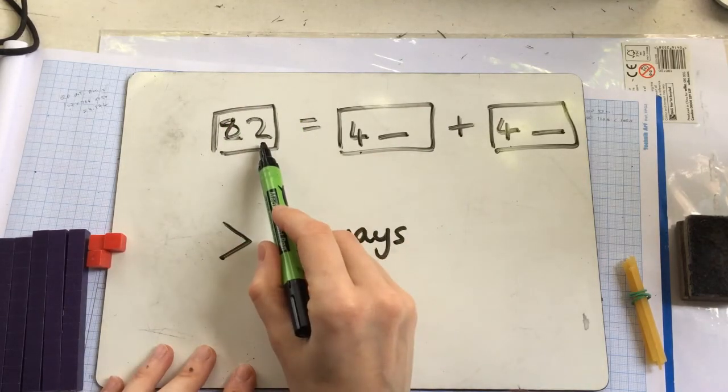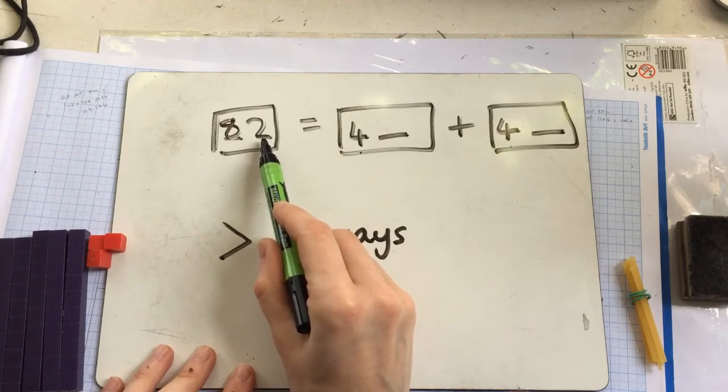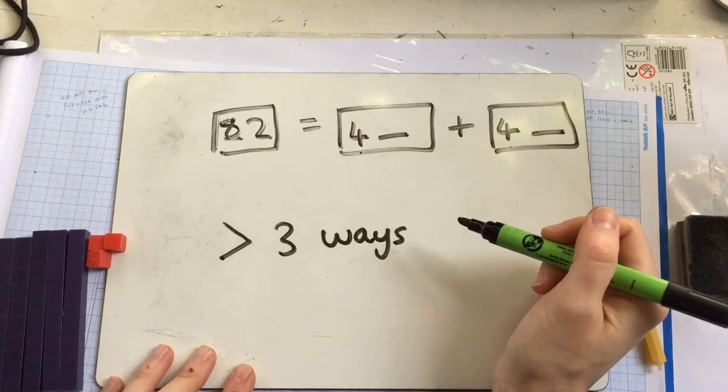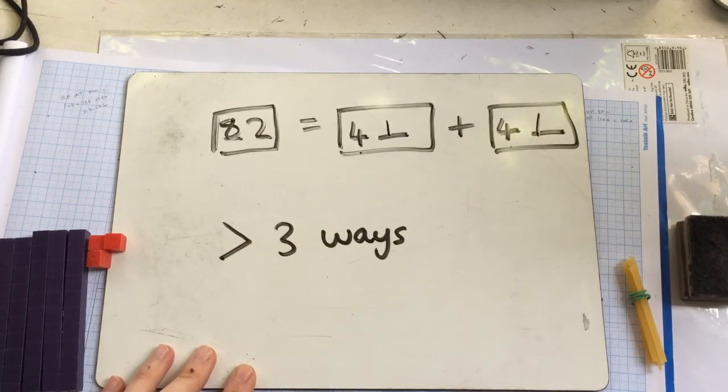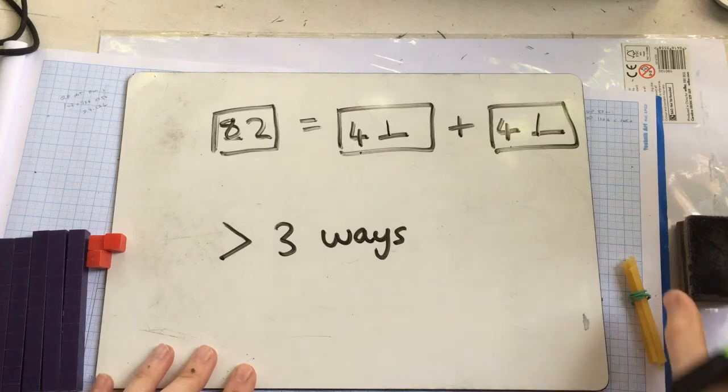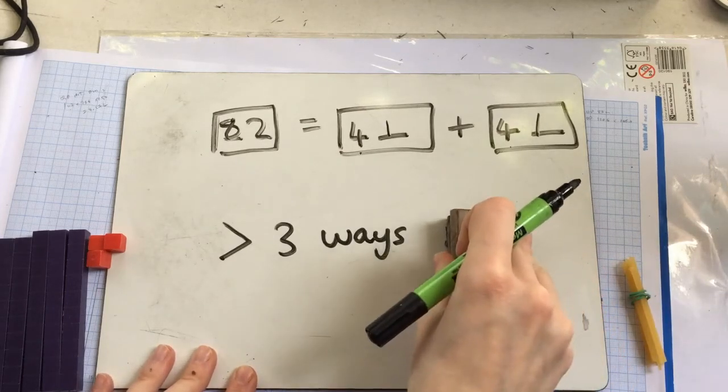And now they've got to think about partitioning the number 2 into 2 parts to make this number. So that's just one way that they can use.